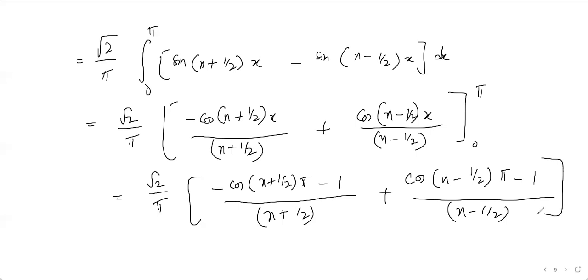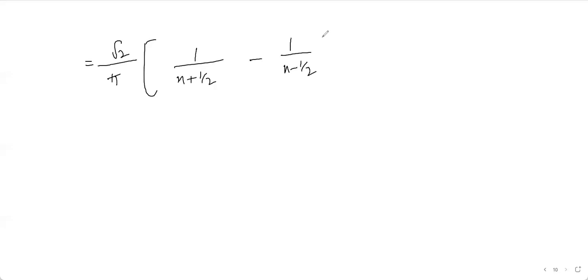Further, we know the result of cos of (n plus or minus 1 by 2) pi, which is 0. So this would be root 2 by pi times 1 by (n plus 1 by 2) minus 1 by (n minus 1 by 2).